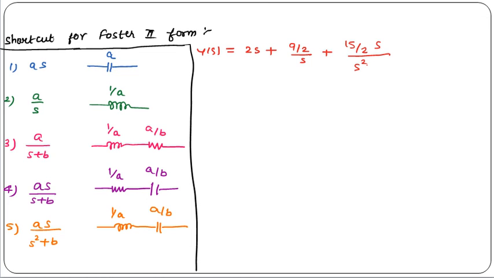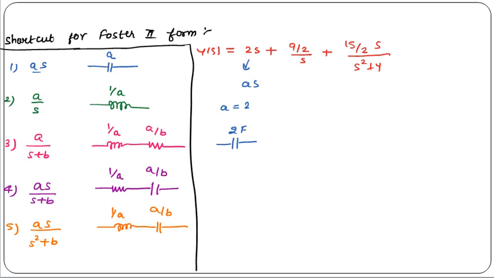Okay, so first term here is 2 into s, so this is matching with a into s. And if we compare the coefficient, then we are getting a value is 2, so it means we are getting a capacitor and the value of capacitor is 2 farad.